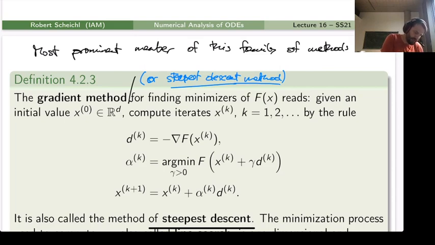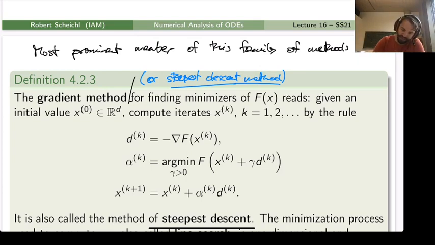So the descent direction is chosen to be minus gradient of f of x_k, and the step size alpha_k is chosen such that along the one-dimensional line we're minimizing.